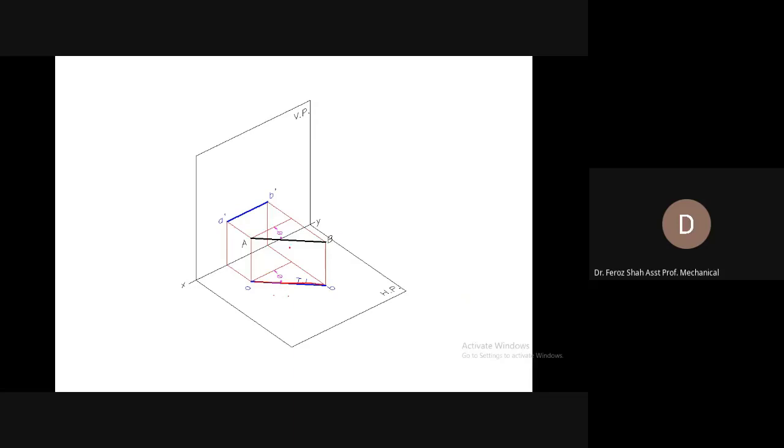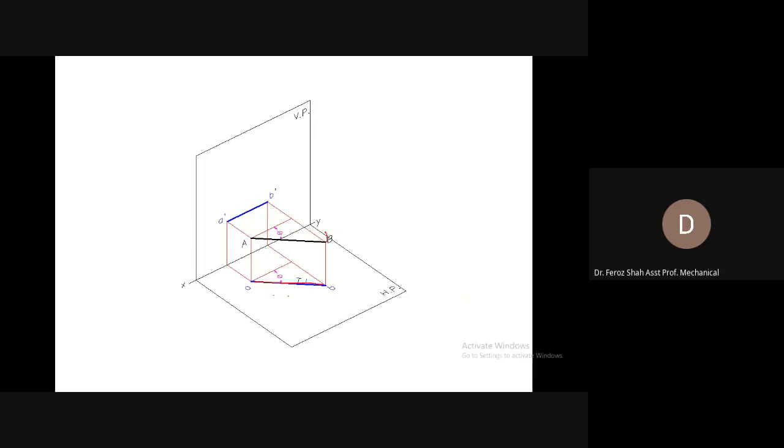So the length of the front view is dependent on phi, or the inclination with the vertical plane. If you increase phi by moving this end further away from the vertical plane, the front view would get shorter and shorter.